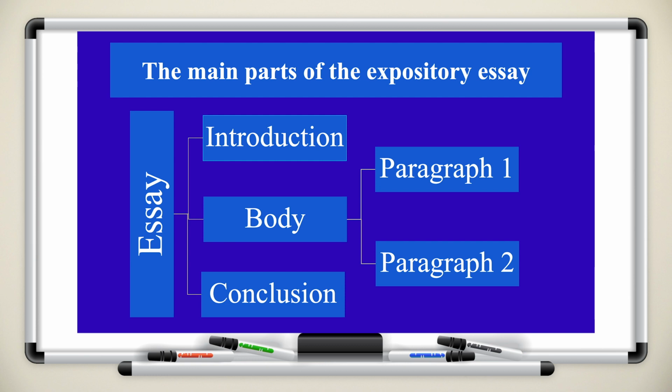First of all, let's learn the main parts of the expository essay. In any essay, we will have an introduction, body, and conclusion. And don't forget that the body has two parts, part 1 and part 2, paragraph 1 and paragraph 2.